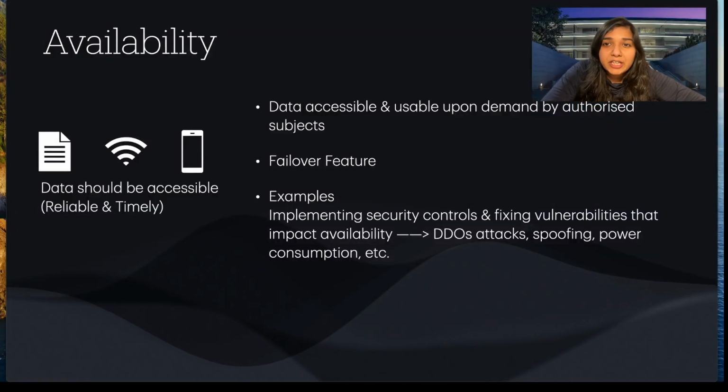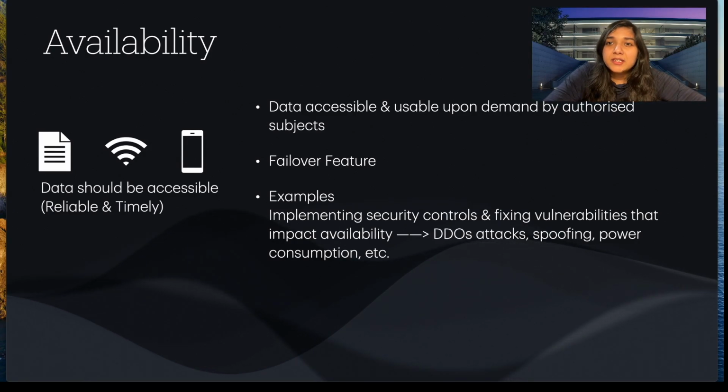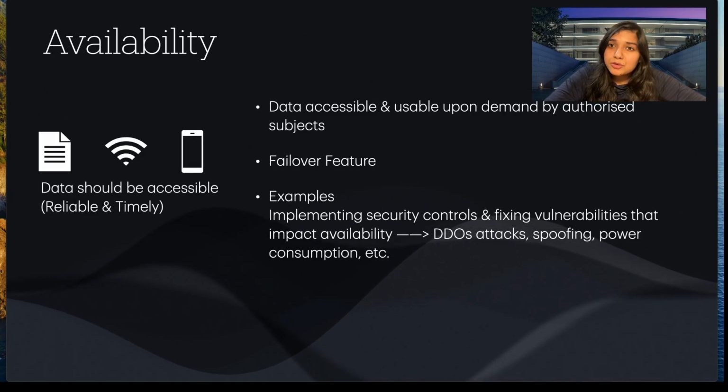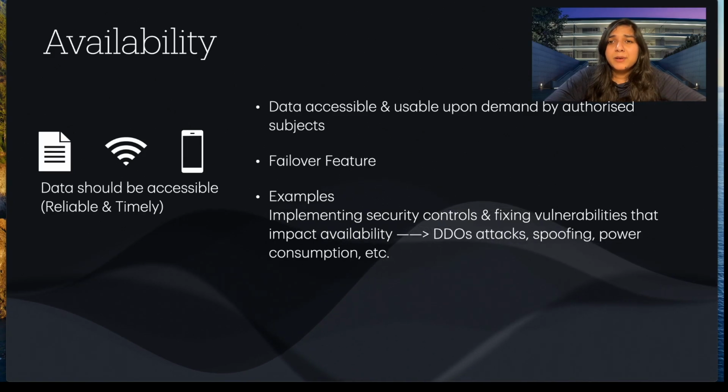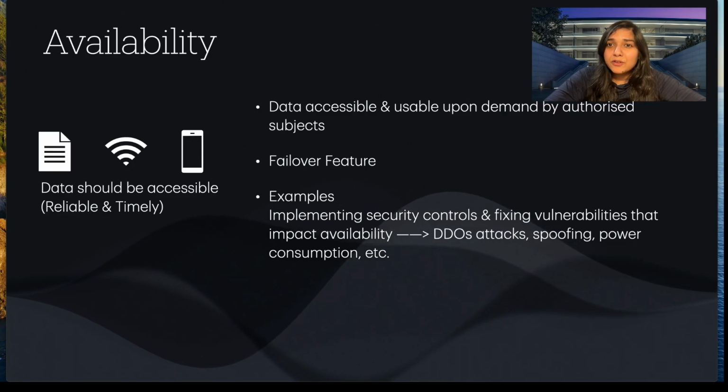The third very important principle in the CIA Triad is called availability, and it makes sure that if you are an authorized individual, you are able to use the data, and it should also be accessible. So the data should be reliable and timely available. Now there's an interesting feature in availability called the failover feature.